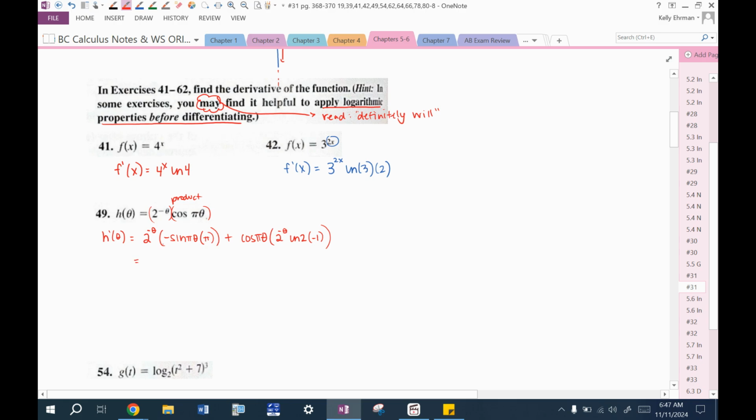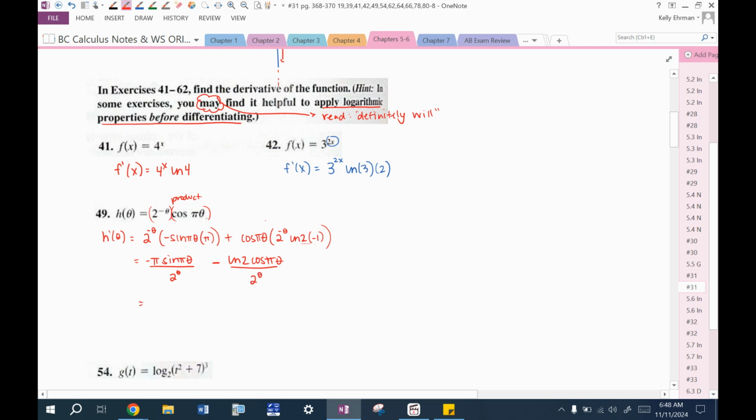So looking at what we have here, I want to clean this up a bit. So let's make this negative pi sine of pi theta. And then instead of times 2 to the negative theta, let's just put over 2 to the theta, just so that's not so cluttered. And then I'm going to do the same thing here. So minus natural log 2, that's that part, times cosine of pi theta over 2 to the theta.